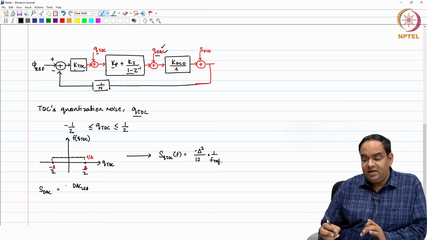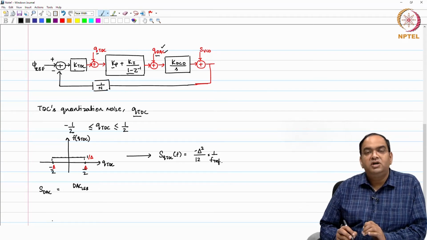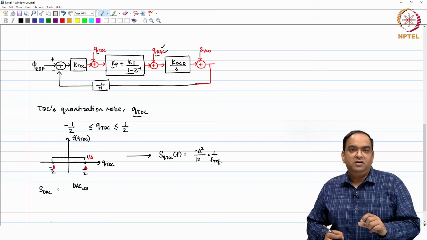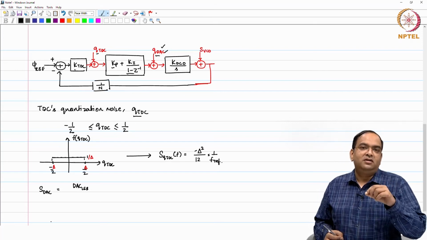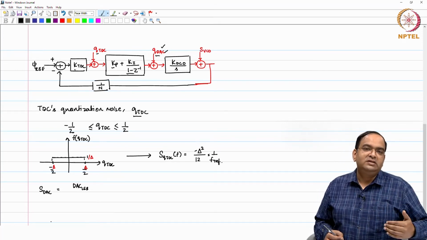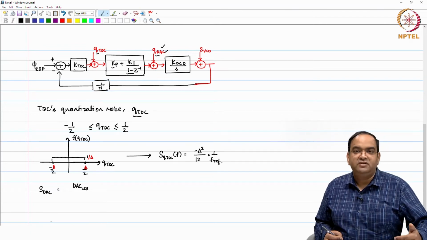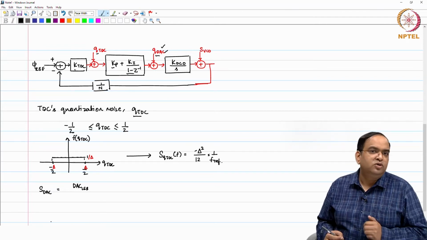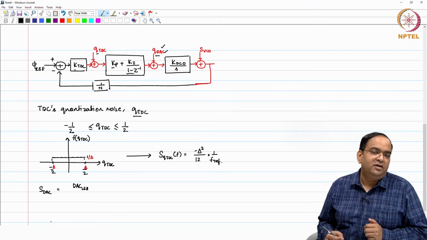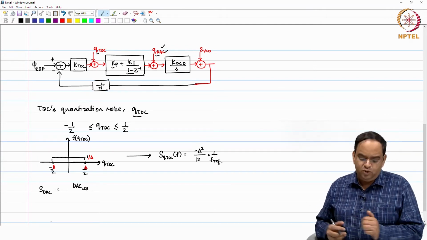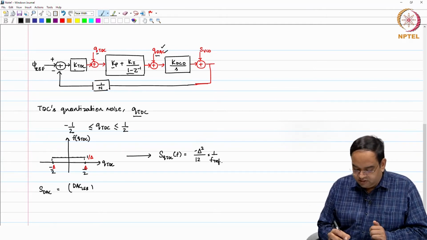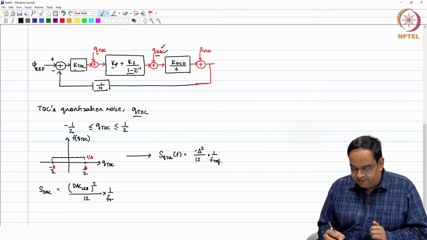But if you want to convert that into an absolute number, like the error is between minus 10 picoseconds to plus 10 picoseconds, then delta will just change to 20 picoseconds. So, this is DAC LSB square by 12, again divided by FREF.